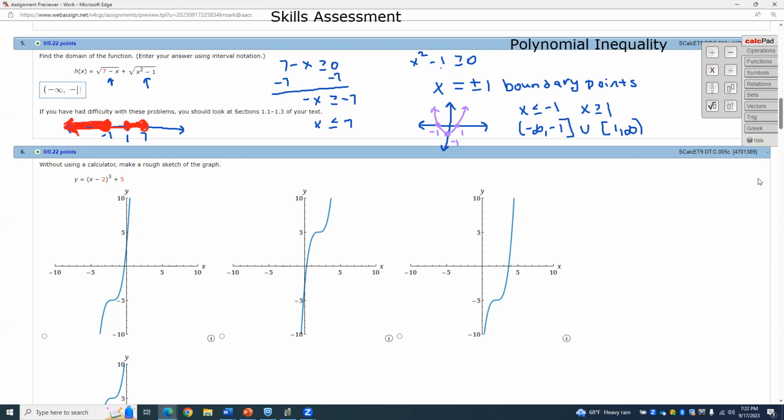And I'm going to put -1 with a bracket, because it includes it. Then you can pick the U symbol for union. That's what we typically want to say. It's technically saying -infinity to -1, or you also could pick numbers between 1 and 7. And both of those are brackets because it includes both of them.